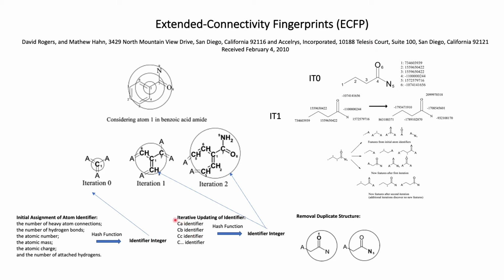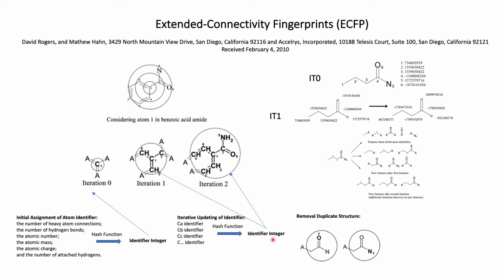And then comes the iterative updating of the identifier. So this step starts from the single atom, and it will increase the range and include more atoms, the neighboring atoms. So for this iteration 1, now we go from just carbon 1 to all the neighboring carbons 7, 6, and 2.